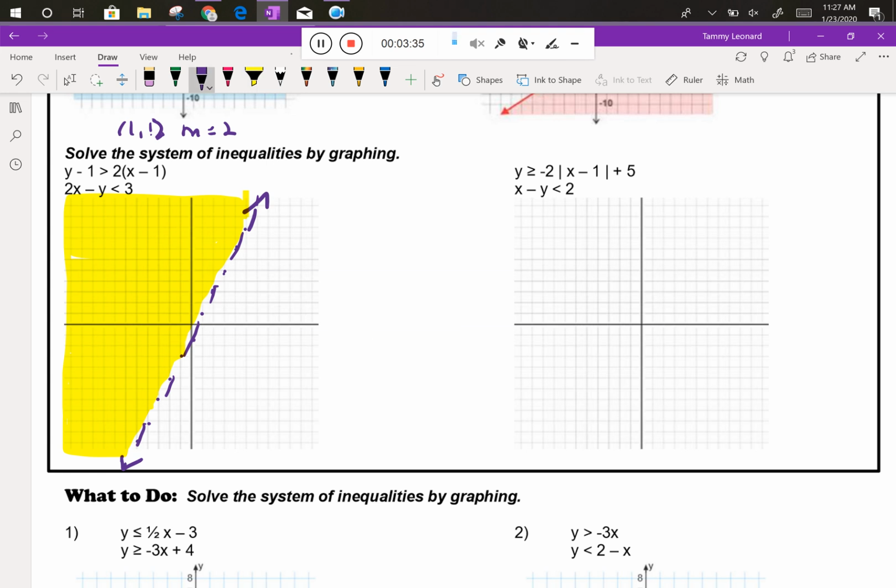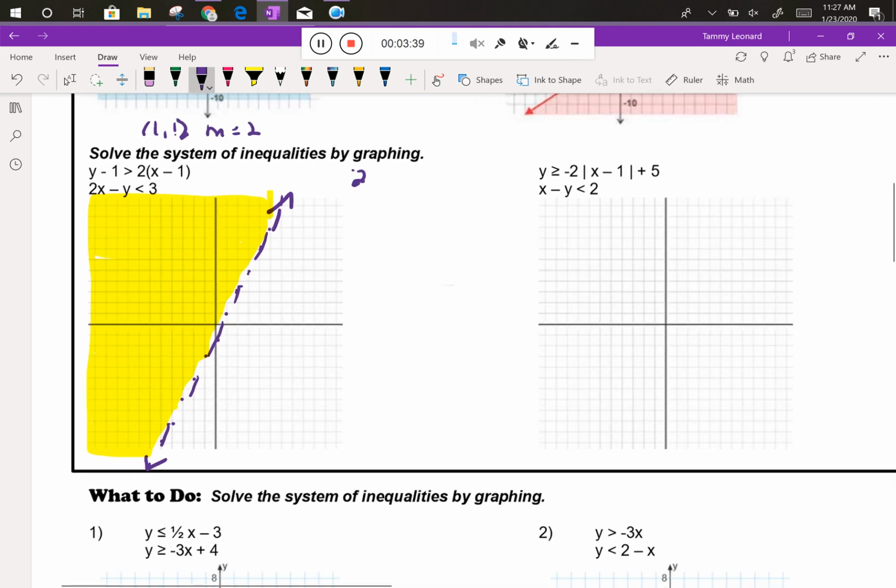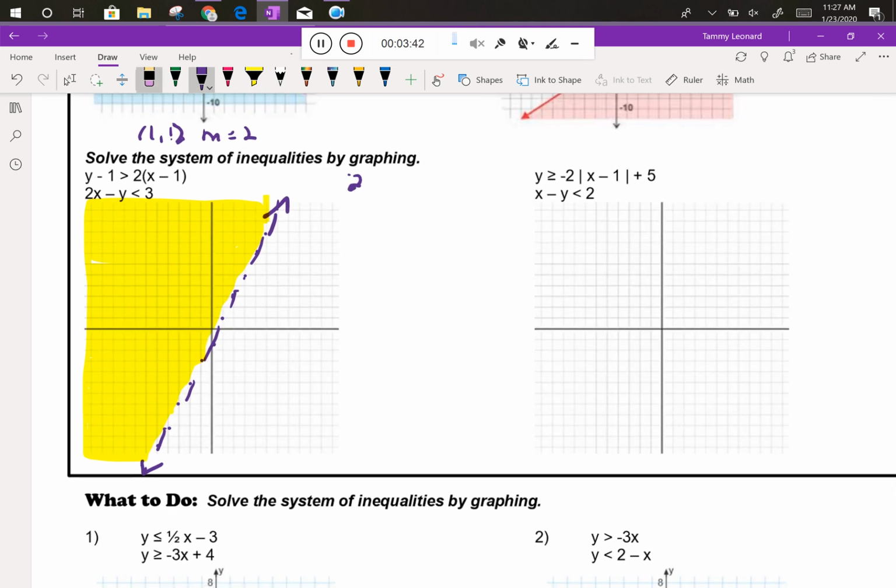All right, the second one is given to us in standard form. So we need to solve for y. So we have 2x minus y is less than 3, and we're going to start by subtracting 2x from both sides. Oops, sorry, I'm having a little trouble with the stylus today.